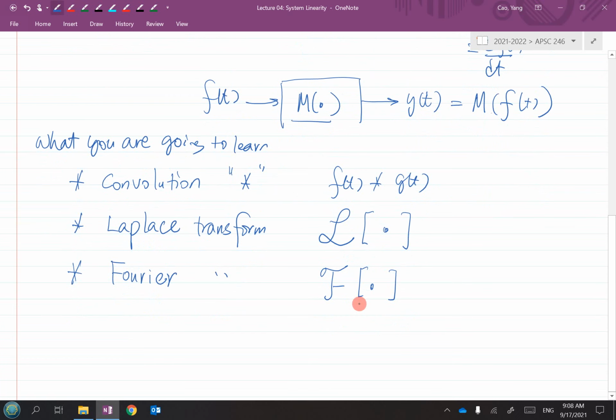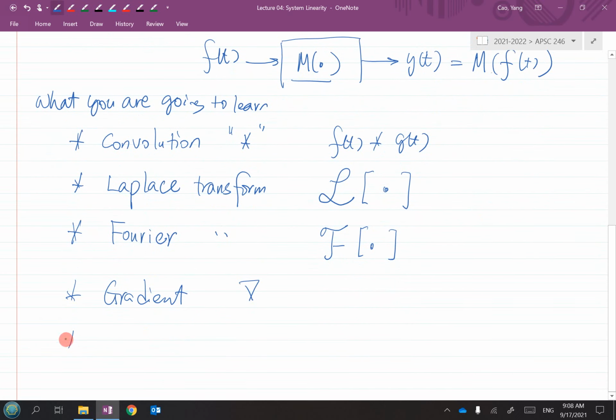In 248, you're going to learn an operator called the gradient operator. It uses this inverted triangle here, which is called the gradient operator. In Greek pronunciation, this is called the nabla. In 248 you are also going to learn another one called the divergence operator.